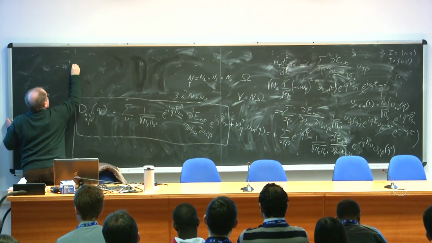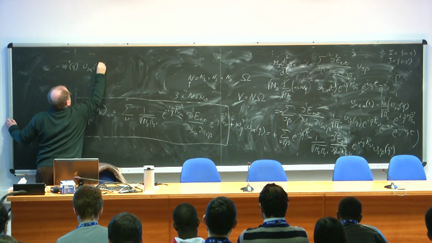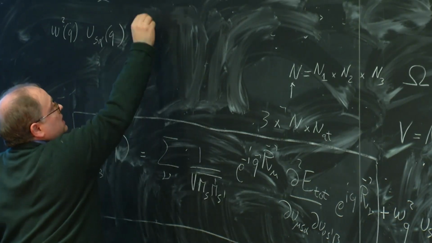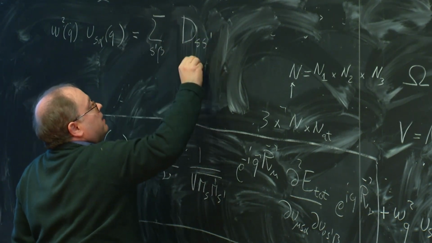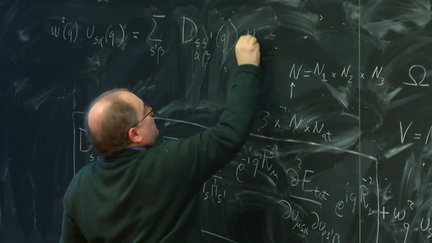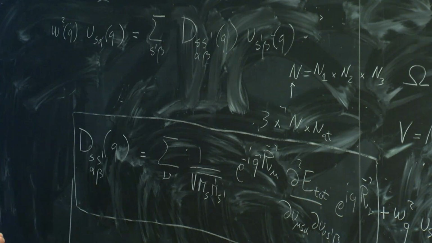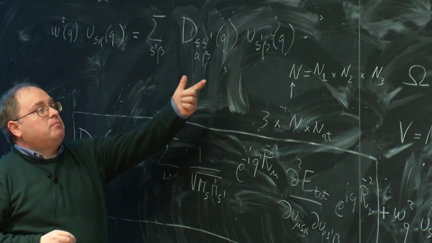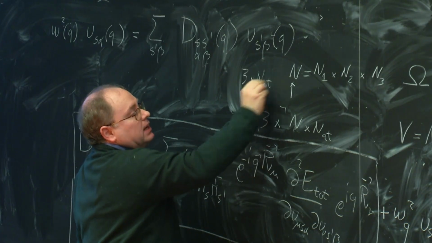Omega square of Q, U S alpha of Q, equal to the sum over S prime and beta of D S prime alpha beta of Q, U S prime beta of Q. So we have found an eigenvalue equation. We have to diagonalize this dynamical matrix. But now the number of variables that are coupled is 3 multiplied by the number of atoms per unit cell.